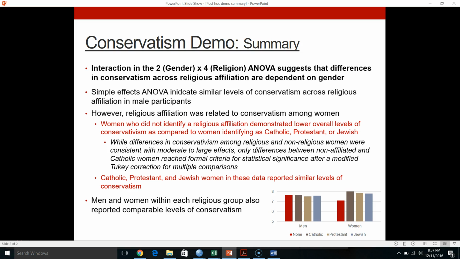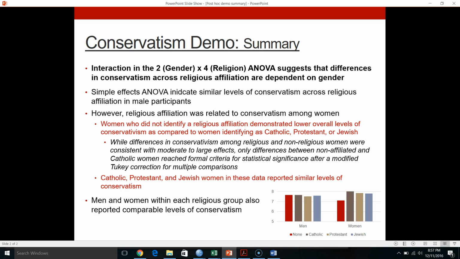Okay, if we go through and we run a simple effects ANOVA, so we're just looking at differences in conservatism across religious groups for men and then separately for women, we see that levels of conservatism are fairly similar across religious affiliation in men. At least in these data, men are looking like they're all scoring about the same level of conservatism, irrespective of what they're identifying as their religious affiliation.